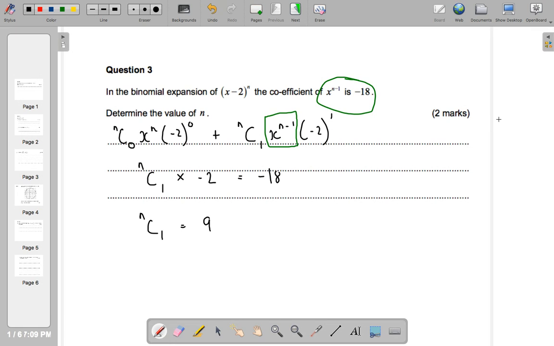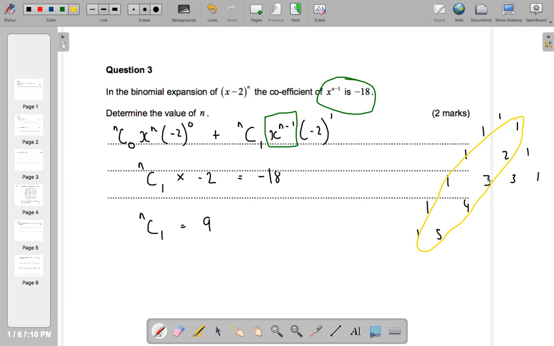Now, when you look at Pascal's triangle, I'll just draw it up here a little bit. 1, 2, 1, 1, 3, 3, 1, 1, 4, 1, 5, etc. All these ones here, if I just get the yellow pen back again, that second diagonal grouping, are all the C1s.